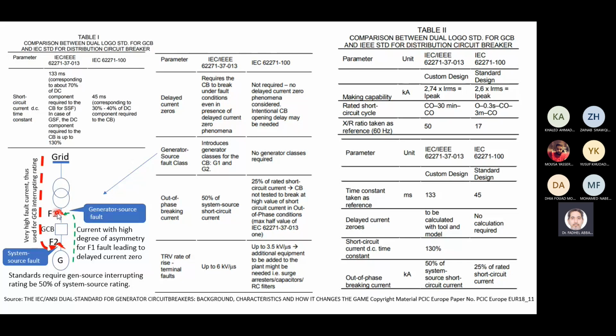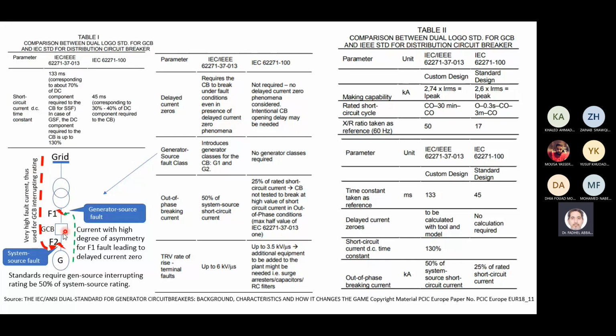And when the fault is here, at this point, the current will come from the grid to the circuit breaker, and this is called the system source fault. Now, when the fault is from the system, the fault current is very large, larger than the fault coming from the generator.